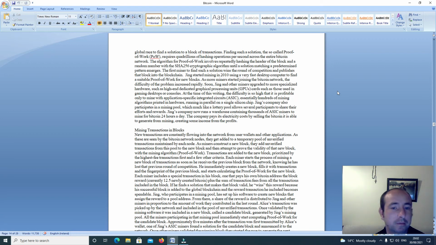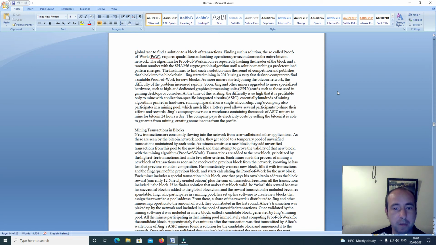The algorithm for proof of work involves repeatedly hashing the header of the block and a random number with the SHA-256 cryptographic algorithm until a solution matching a predetermined pattern emerges.